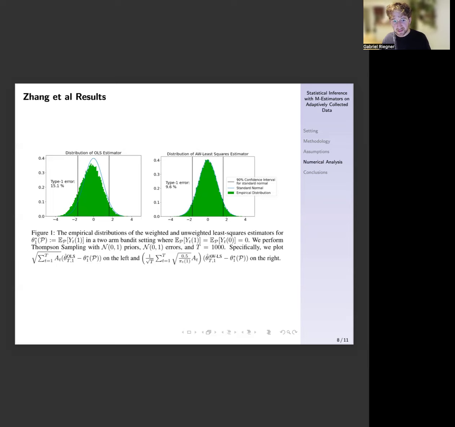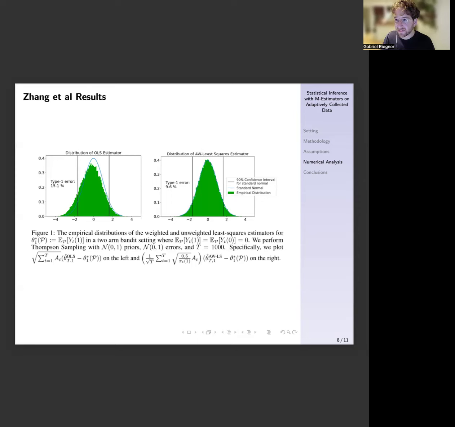So they correct for this by introducing the adaptively weighted estimator. This is the right panel. And here the histogram shows the distribution of the z statistic for the adaptively weighted estimator, in contrast to the OLS estimator, and this distribution aligns more closely with the standard normal.